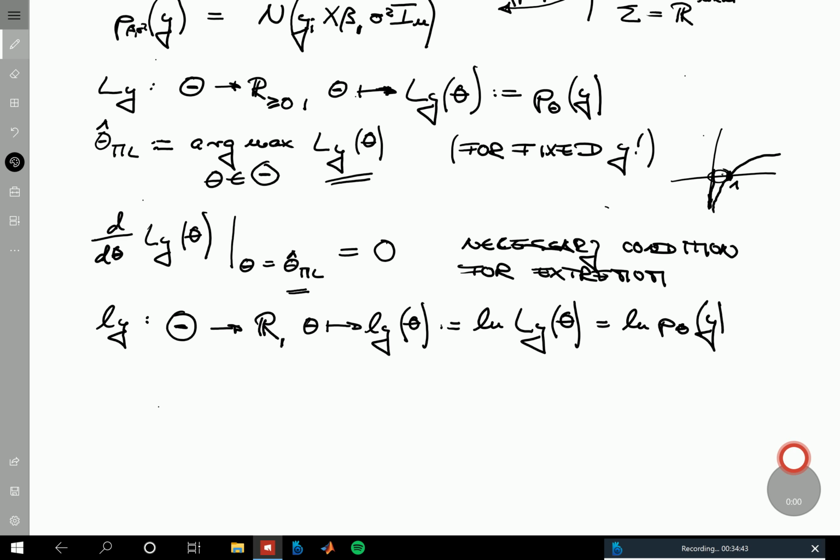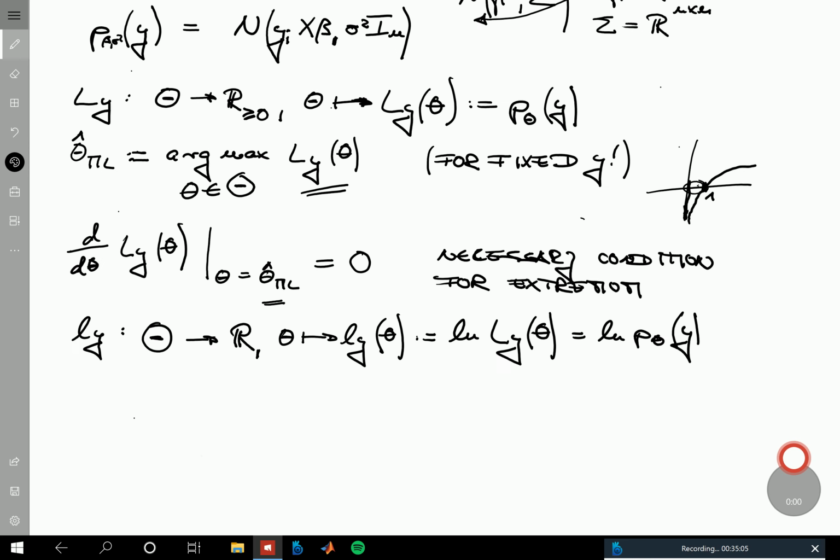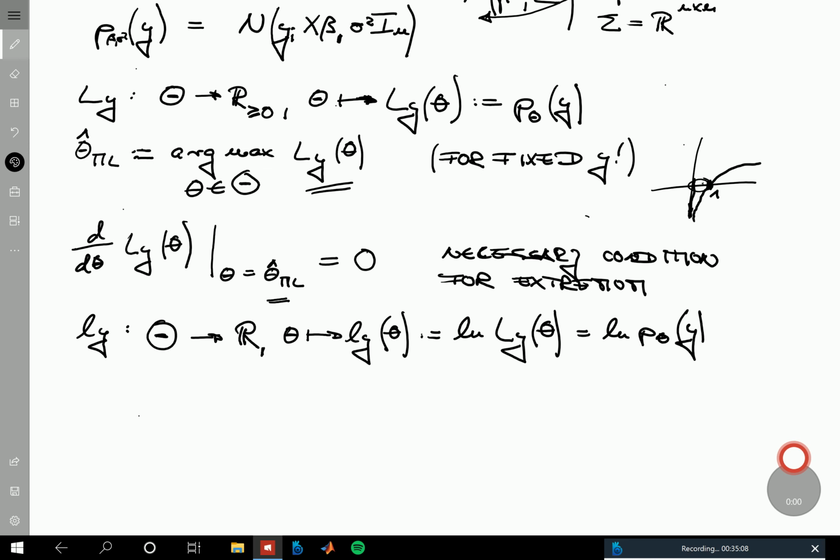So whenever it takes on a larger value, then also the input value is larger than some other value, meaning that the location of the maximum is conserved under the log. And that's then what you usually would deal with in a practical setting. So instead of maximizing the likelihood function, you would maximize the log likelihood function. And for the calculations that we will do, we will also maximize the log likelihood function.